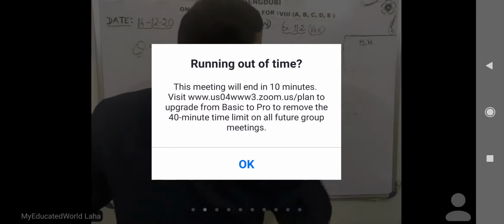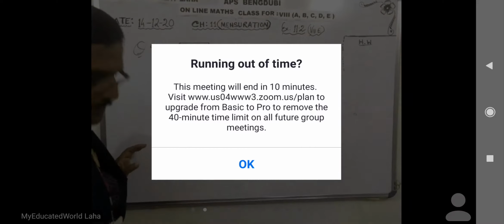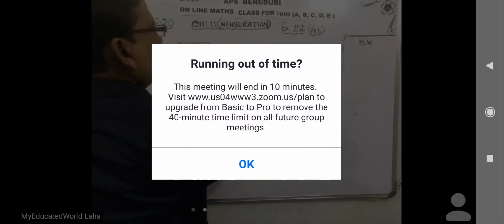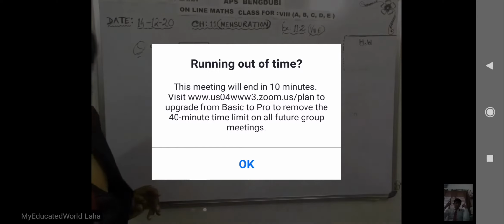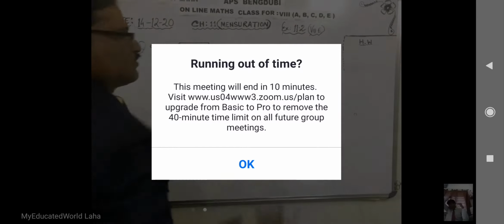So I am doing it. You see, area of regular octagon. Sorry, the word regular should be there, otherwise the question is incomplete.